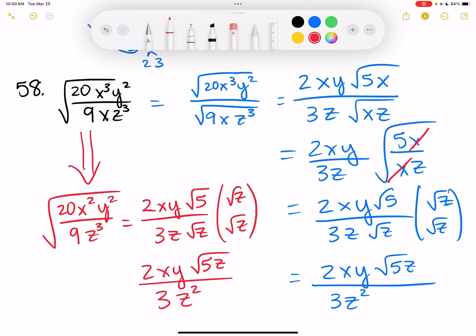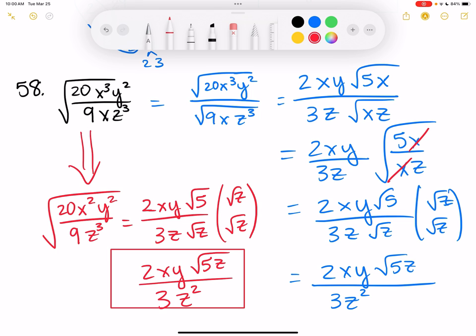Where did we get that? You should always reduce stuff first. We cube rooted 9. We square rooted 9 and got 3. 3z squared, right?